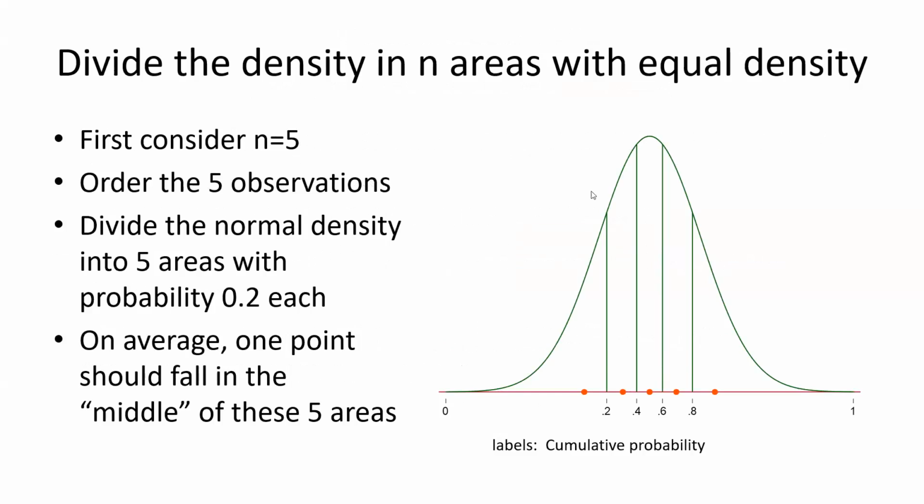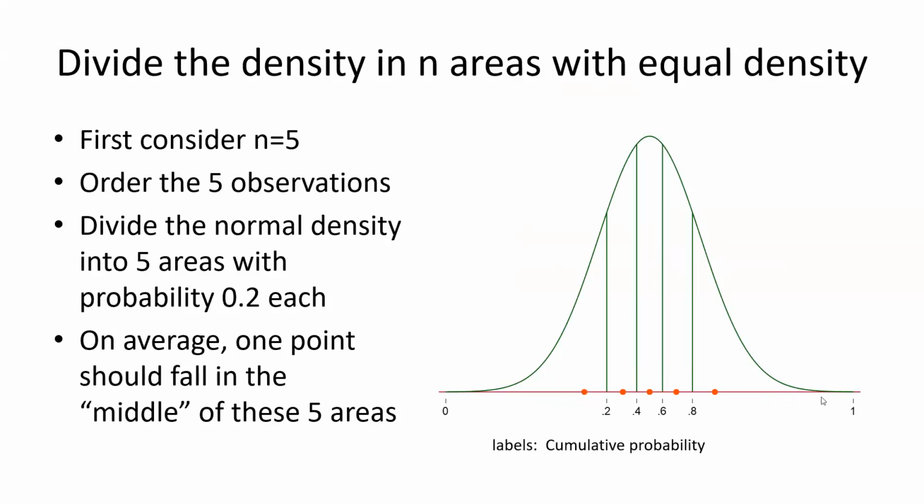And so I'm dividing this probability mass region into 5 equal-sized bins. 5 observations, so each of these bins has probability mass of 0.2. And then if the data are normally distributed, then I know that roughly 1 point must be in each bin, very roughly.